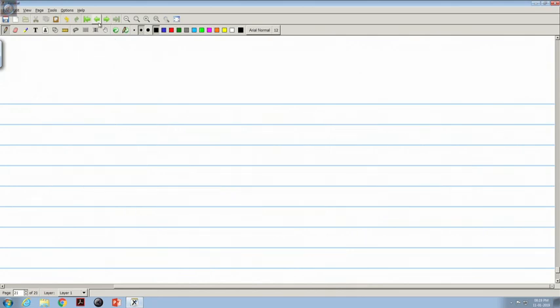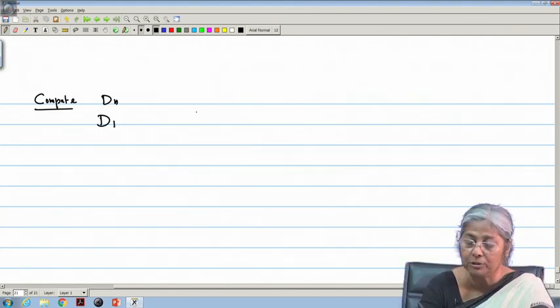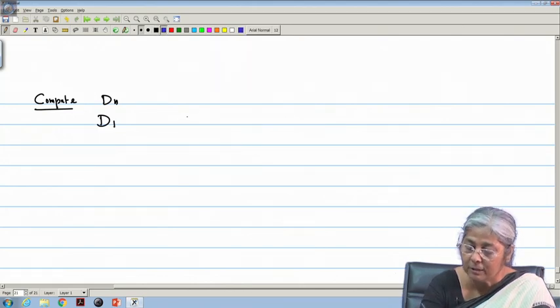We can compute some values of Dn. So, what will be D1? If I have only one element, its position is 1. So I have only 1.